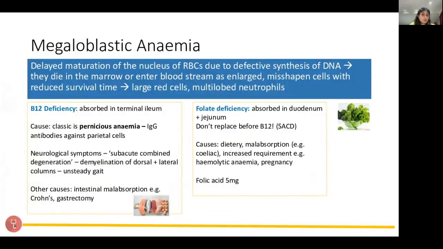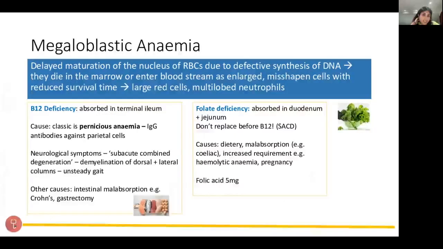So the next thing to talk about is megaloblastic anemia. So that's where you've got a high MCV. Sorry, I was just reading the chat. Interesting stuff.